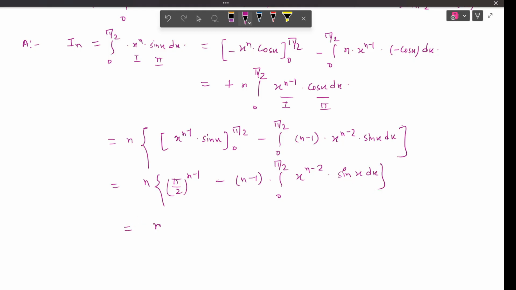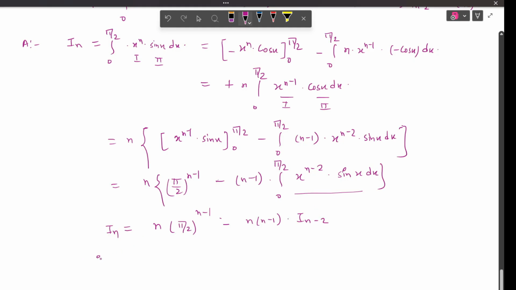So this would be n into pi by 2 to the power n minus 1 and this would be minus n into n minus 1. This is your I n minus 2. Okay, this is your I n.